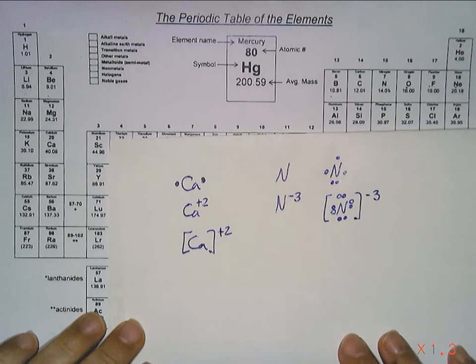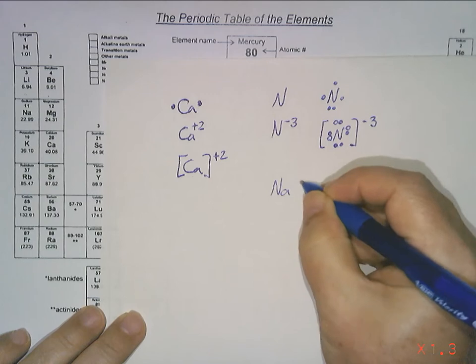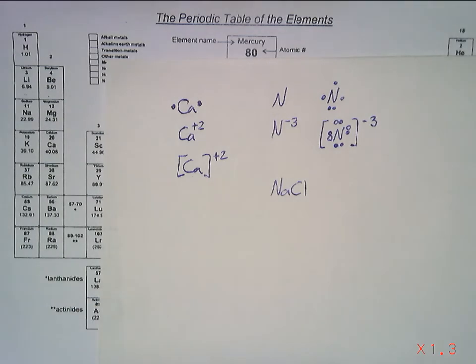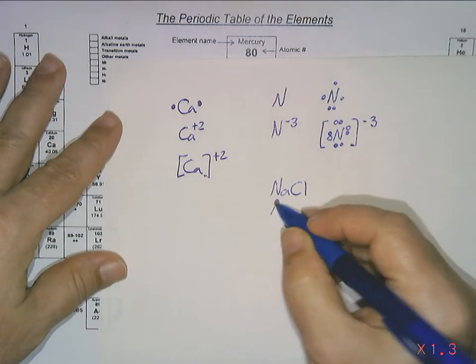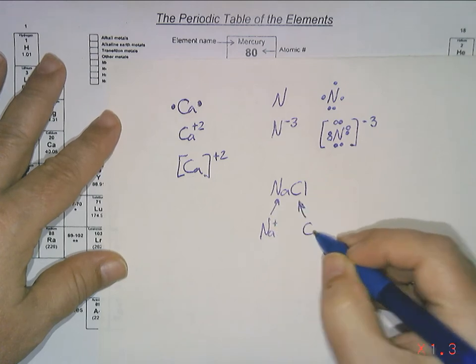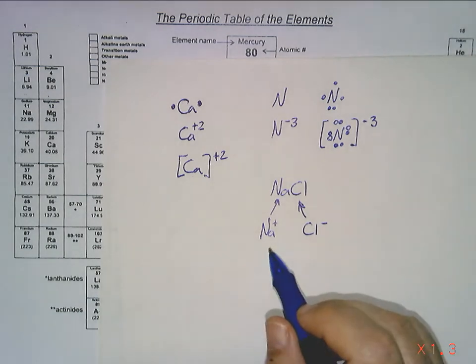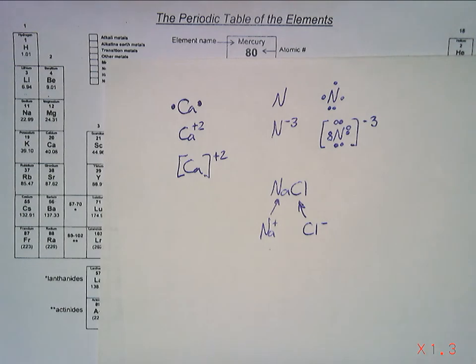Let's do the Lewis structure for a simple ionic compound. How about NaCl? Now, NaCl is really a sodium ion hooked to a chloride ion. So to do the Lewis structure for this simple ionic compound, all I've got to do is do the Lewis structures for each of the ions and then write them down sitting next to each other.